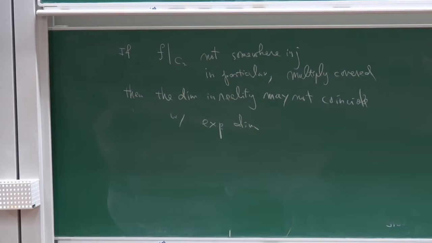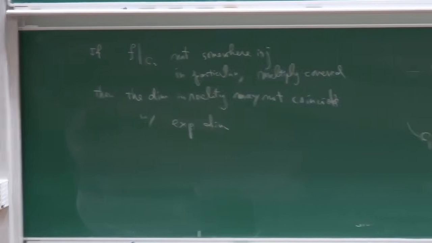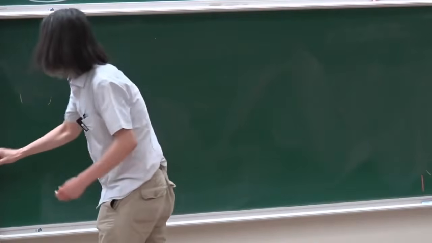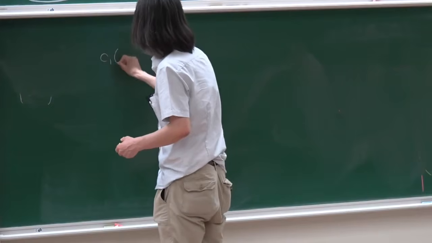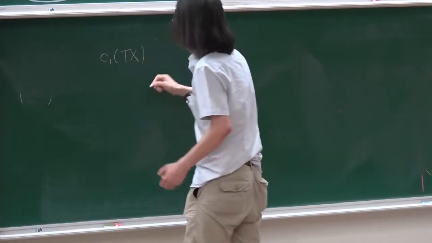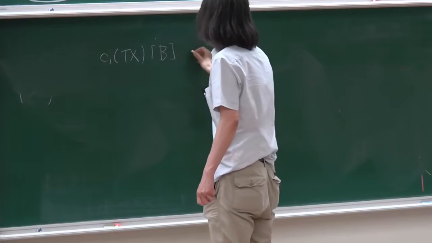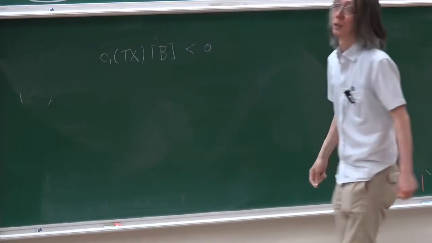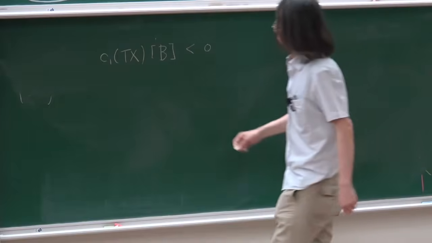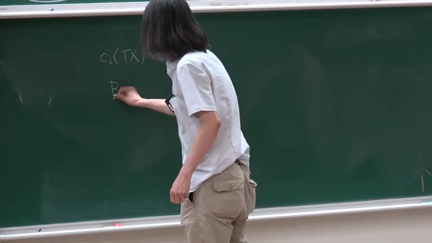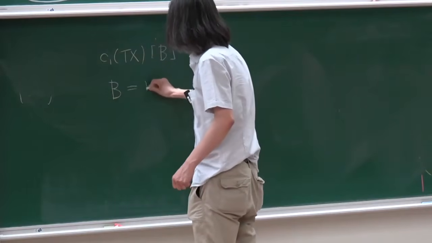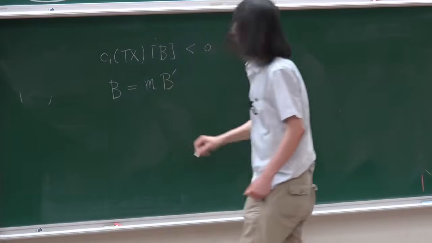So let's suppose the following case. Let's suppose that c1 of TX is actually, unfortunately, negative, and moreover, B is a multiple of some other class.